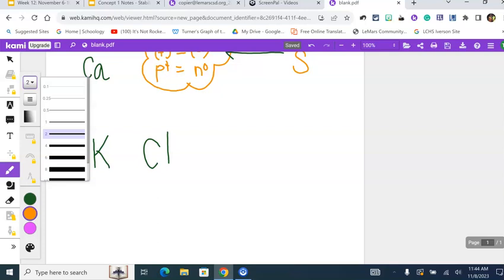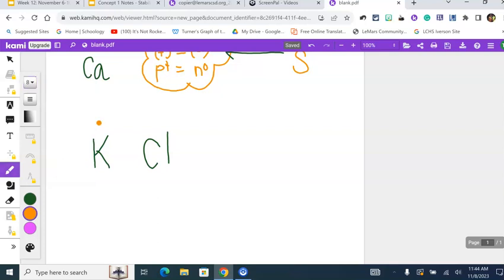Potassium has how many valence electrons? 1. Chlorine has how many valence electrons? 7. Now, what's going to happen here? Potassium is going to give to chlorine, which makes the chemical formula 1-to-1, so it's going to be KCl.